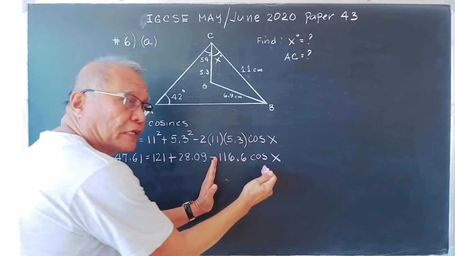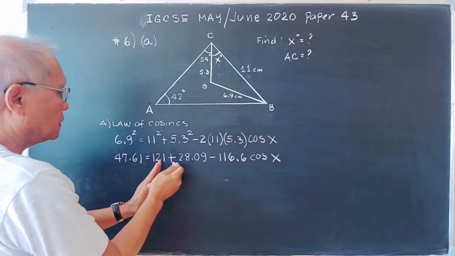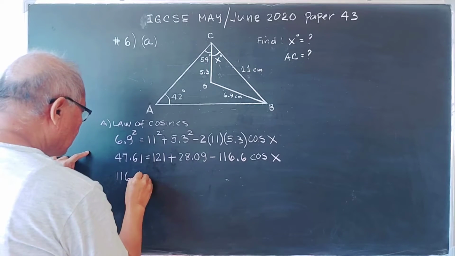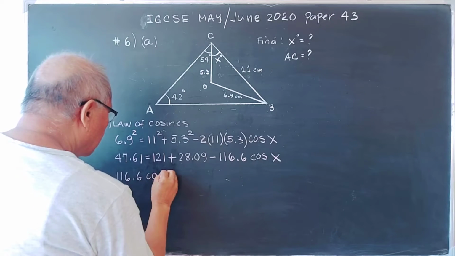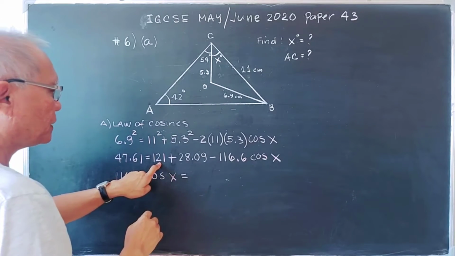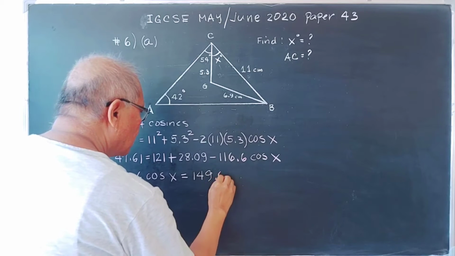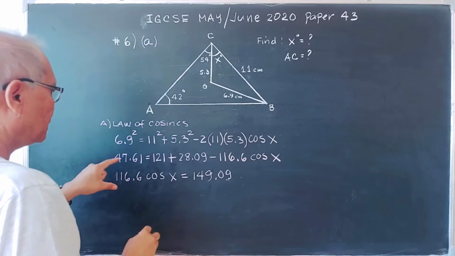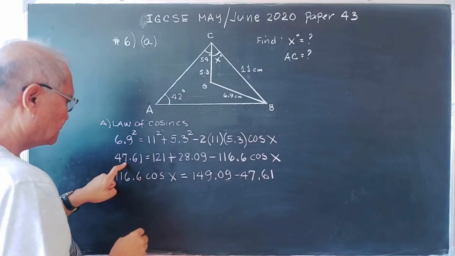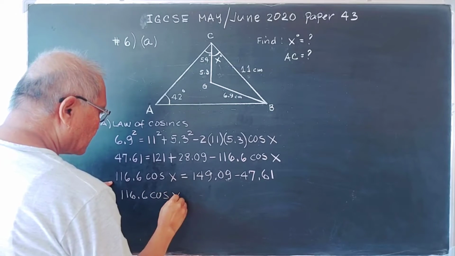Let us transpose this negative 116.6 cosine X to the left and transpose 47.61 to the right, and then we add this 121 and 28.09. So on the left we have 116.6 cosine X, positive now, equal to 121 plus 28.09, which is 149.09, minus 47.61.